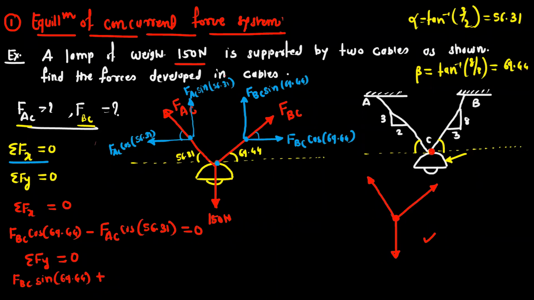Both are in the positive y direction. And there is one more force, which is 150 Newton in the negative y direction. So it is minus 150 equal to 0.